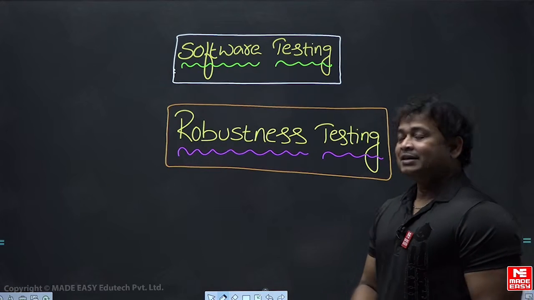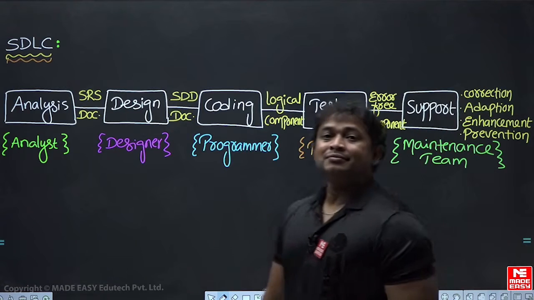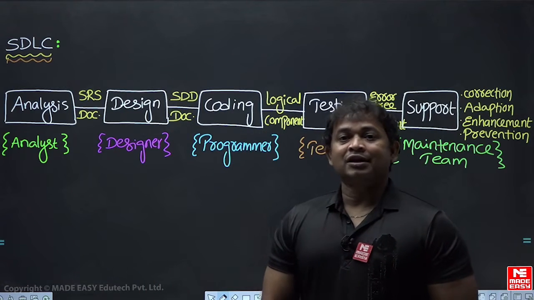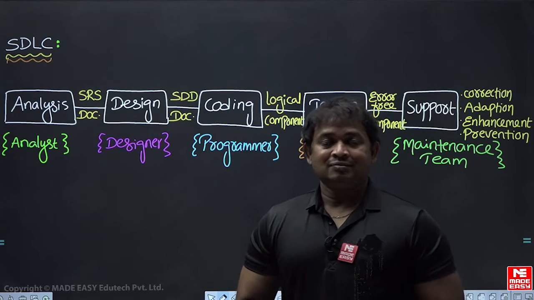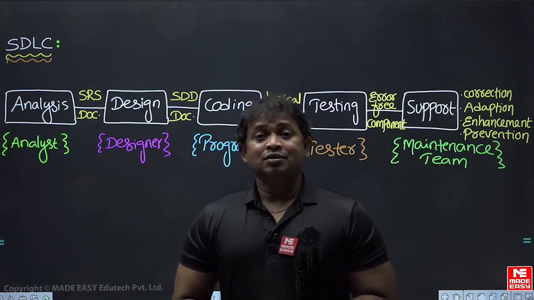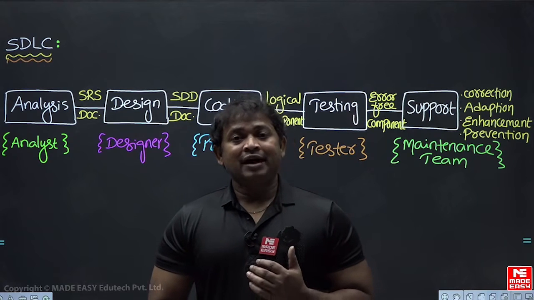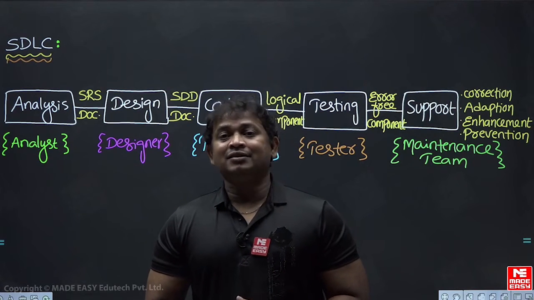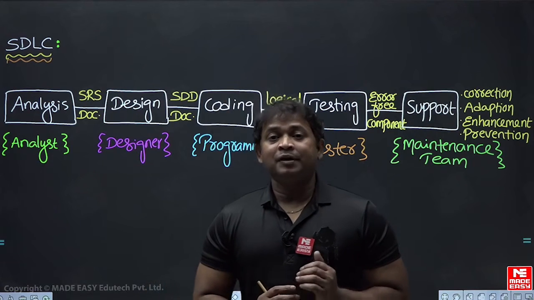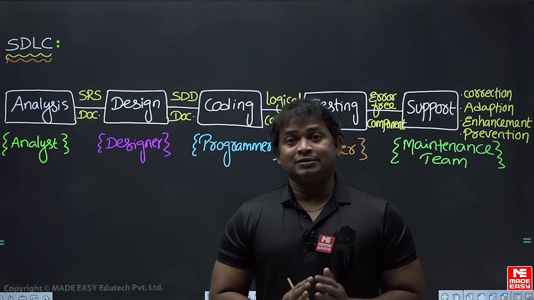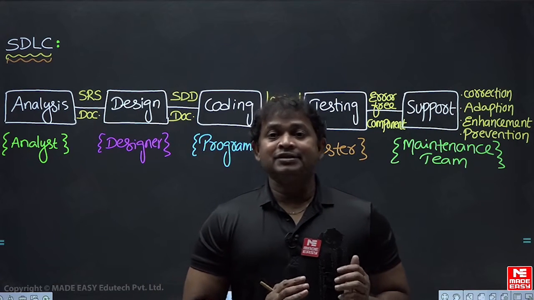Right? So when we analyze the software development life cycle, there we have 5 phases. Of the 5 phases, 4 phases are in the development stage and 1 phase is in the maintenance stage. So the total software development life cycle is divided into 2 parts: one is the development stage, the second is the maintenance stage.